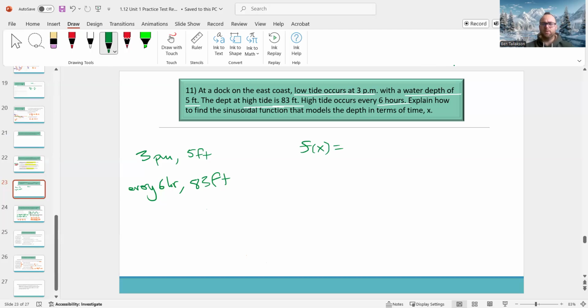The x is the variable of time because if we're looking at some real life data, like this example, what we're really trying to find out is, okay, after 2 hours, how high is the tide? After 8 hours, how high is the tide? That's why x is the variable. Okay, so give yourself a chance to try this out.